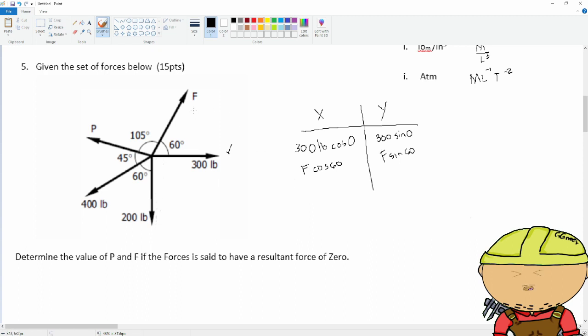The third vector is P cosine 165, because from the x-axis, if we consider 300 pounds as the x-axis, that's 165 degrees. P sine 165. Then the fourth vector, 400 cosine 205, 400 sine 205.